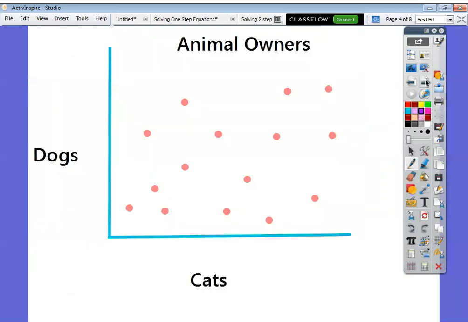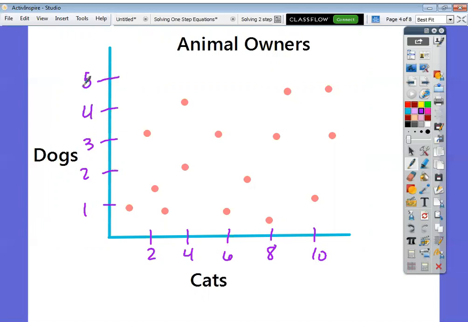Then finally, we have cat and dog people. Remember, these are actually people. I went out and gathered a whole bunch of data. I don't have numbers down here, but I could put numbers, 2, 4, 6, 8, 10, and 1, 2, 3, 4, 5, whatever.